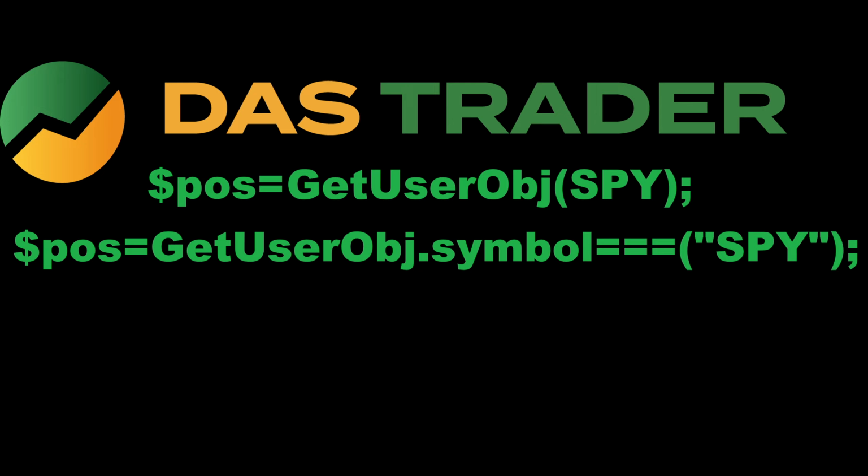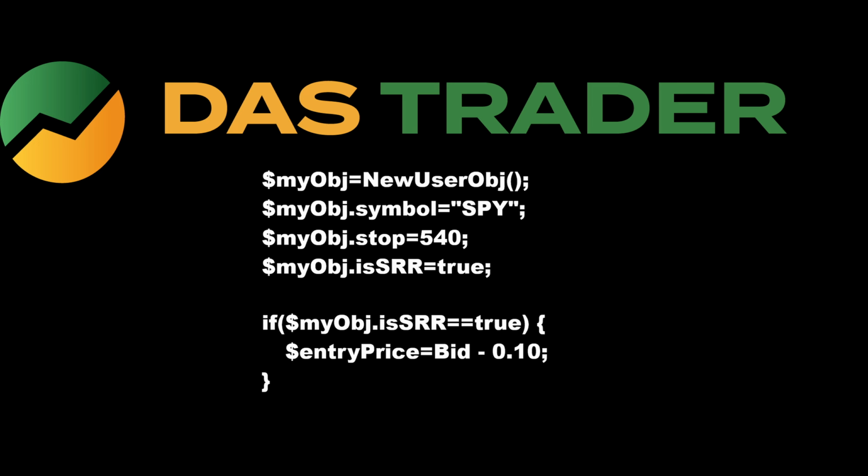This is going to be useful because there are some attributes that DAS doesn't currently provide, for instance isSSR. So we could create a hotkey, so that when we're on a ticker, we could press a hotkey that tells our system that this is an SSR.